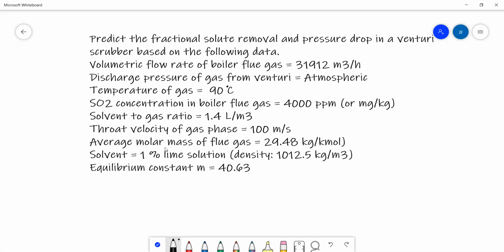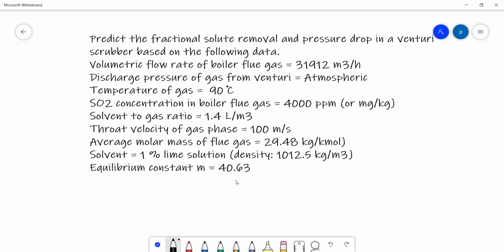Solvent, which is used to absorb the flue gas SO2, is 1% lime solution, and density of this 1% lime solution is 1012.5 kg per meter cube, and equilibrium constant for this system, M, is equal to 40.63. So these are the data.